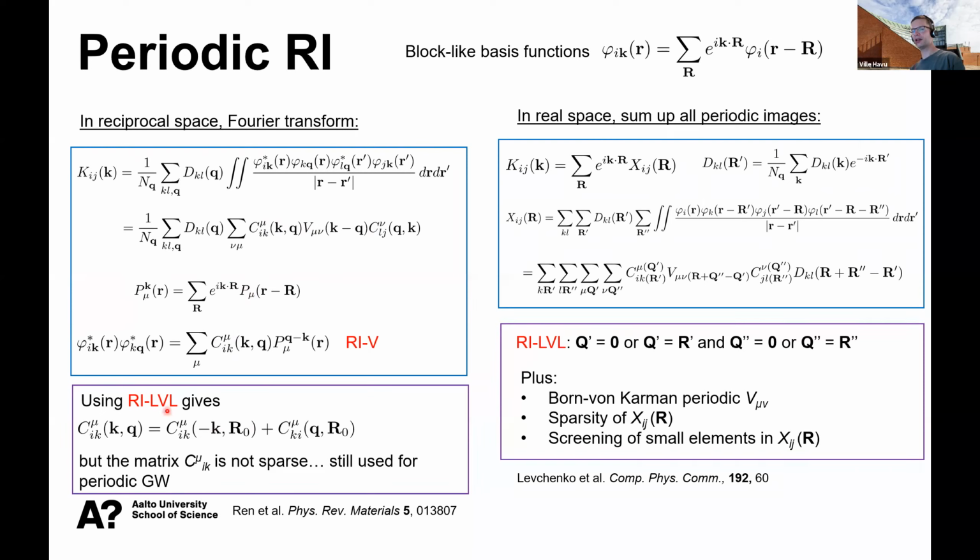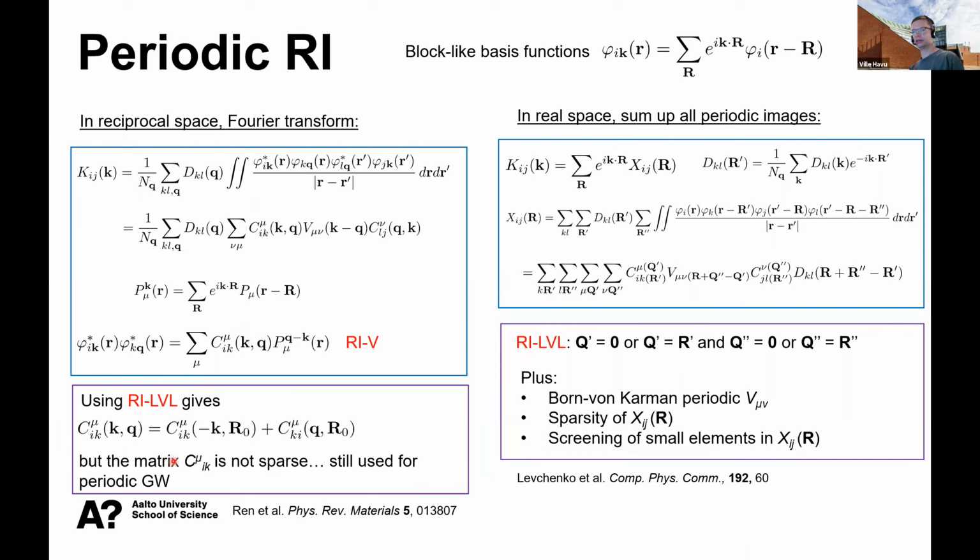If you use RI-LVL, it turns out that the expansion coefficients here can be expressed as a sum. So you basically have to compute only one set of those, because this refers to the central unit cell, and then you only need translates of that. So you have to store only one set of K vectors, instead of two sets of K vectors here.